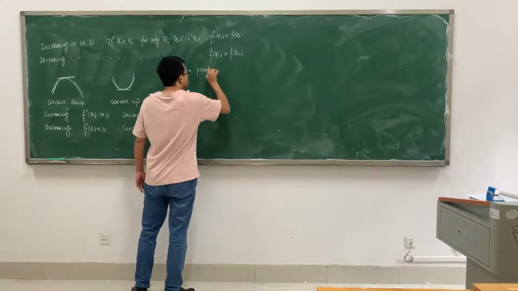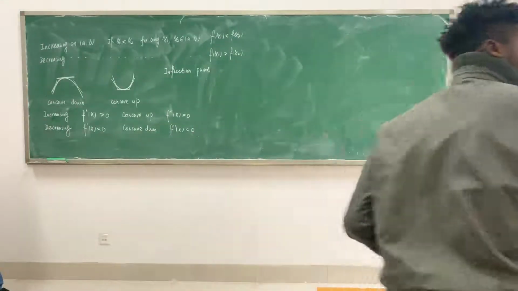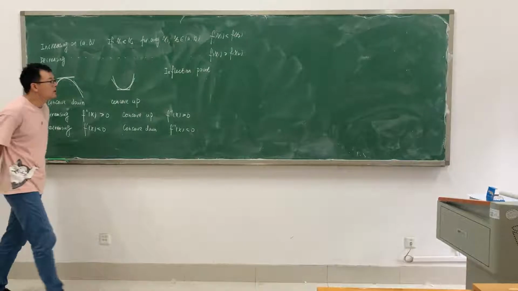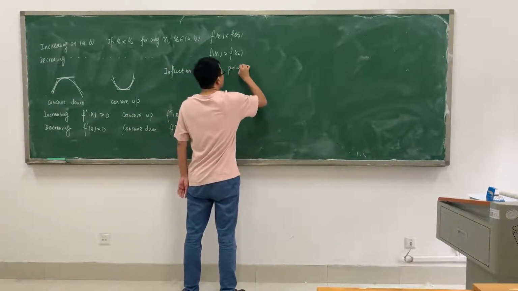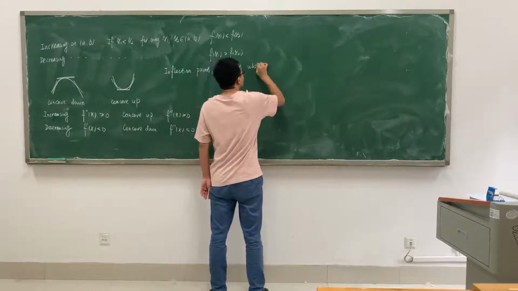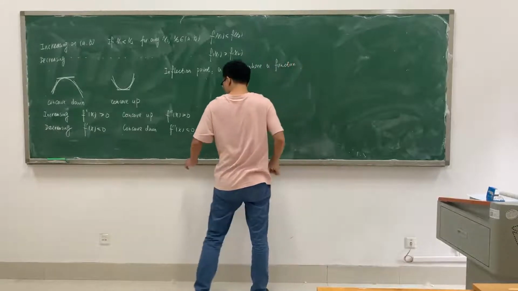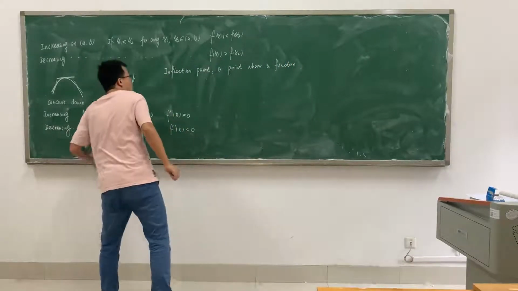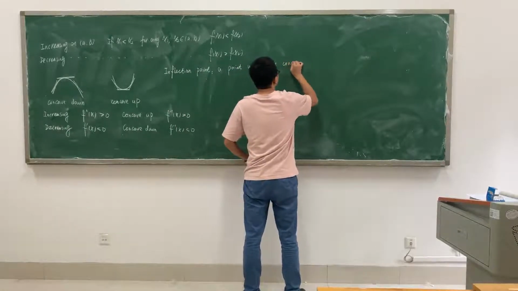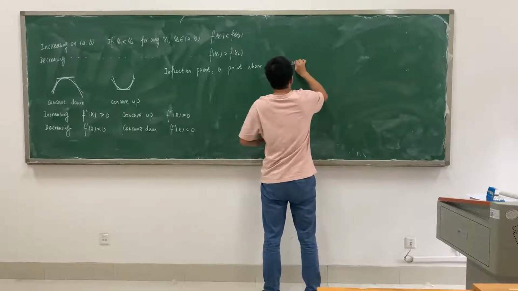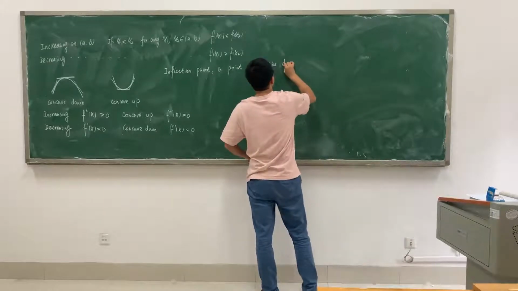So what's the definition of an inflection point? It is a point of the function where the concavity, or the direction of concavity, changes.